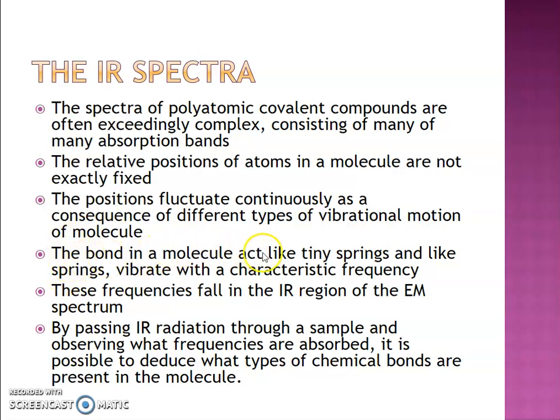The bonds in a molecule act like tiny springs, and like a spring, vibrate with a characteristic frequency. This frequency falls in the IR region of the electromagnetic spectrum. By passing IR radiation through a sample and observing what frequencies the compound absorbs, it is possible to deduce the types of chemical bonds present in the molecule.